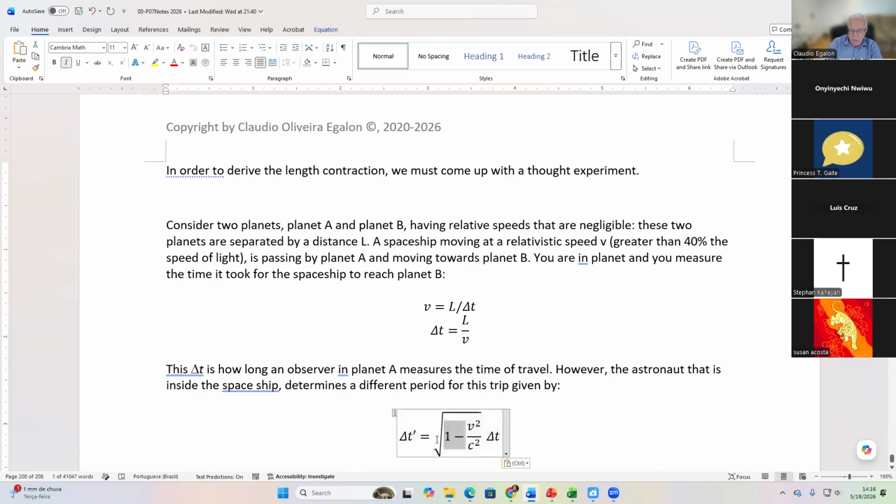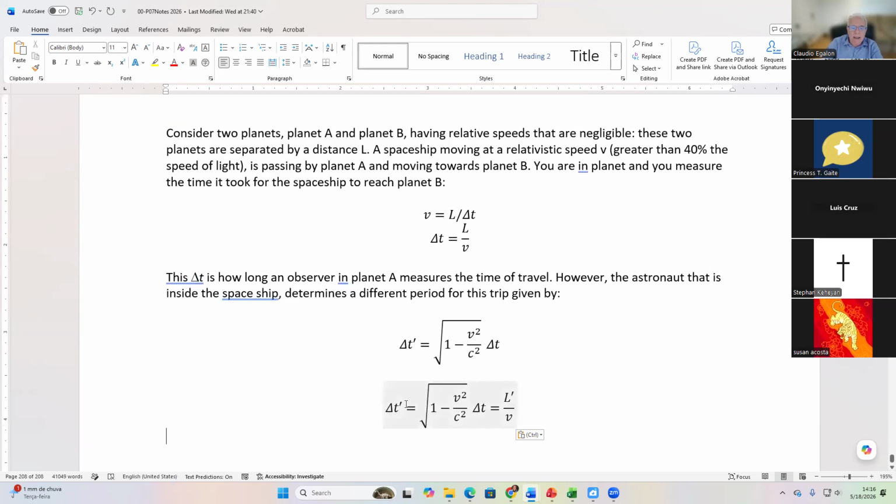So the astronaut must measure a shorter time. Because the time is going to be shorter and the speed is going to be the same, the astronaut inside the spaceship is going to see a shorter distance.